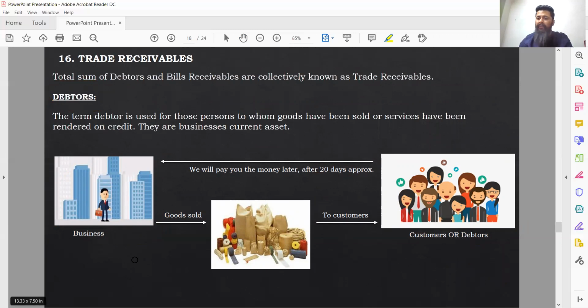So what if customers refuse to pay after 20 days? The business will be left with no other option. It cannot begin a legal proceeding against the customer, because merely an oral communication between two parties on good faith does not have a legal existence.